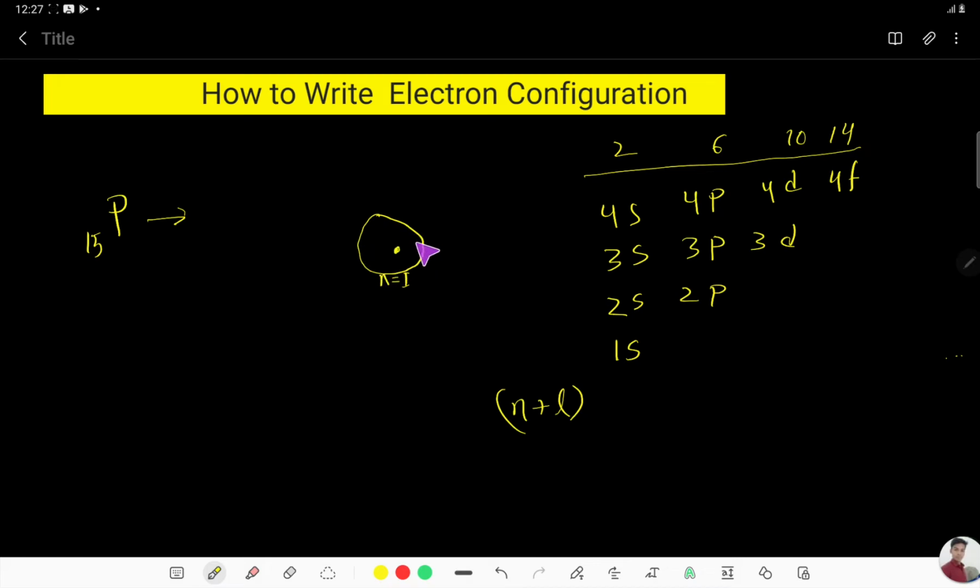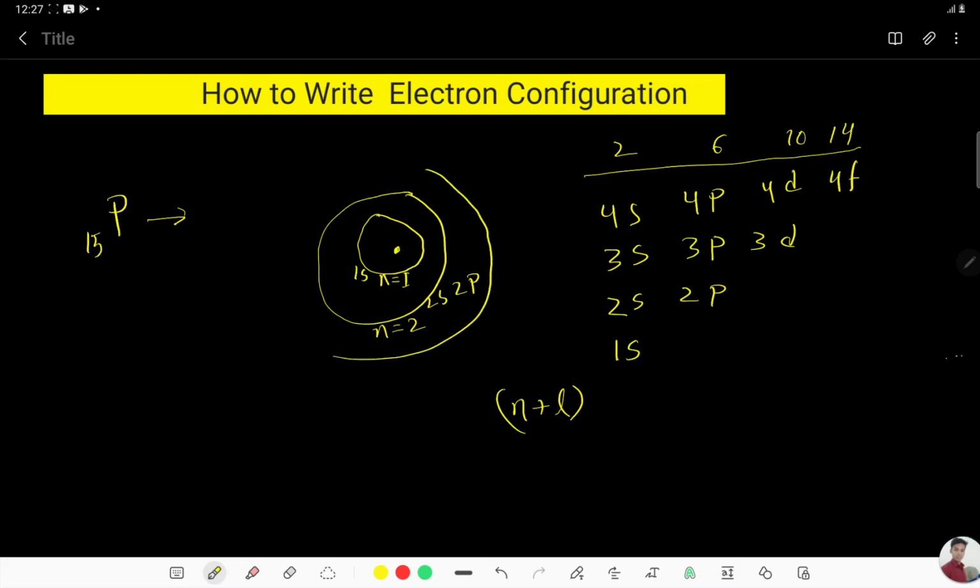For the first energy level we write n equal to 1. For the second we write n equal to 2. In the first energy level we have just 1s, and for the second energy level we have two subshells, 2s and 2p, right?